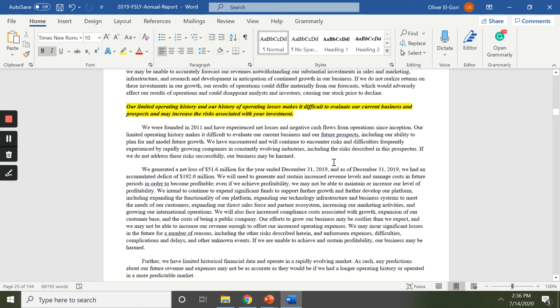What that means is the company doesn't make any money yet. If your investment philosophy is only to invest in companies that make money, you can stop here, because no information from layers 2, 3, 4, and 5 of the onion model is going to change your mind. Here is the factual statement: we don't make money yet. We have a history of operating losses. Therefore, it's a risky investment. So there you go.